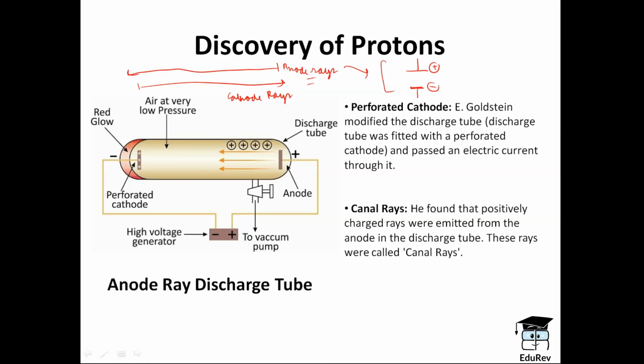So when these anode rays were allowed to pass, deflection was there. And deflection was at the side of this negative charge plate, which led to the discovery that the particles in the anode rays are having positive charge.